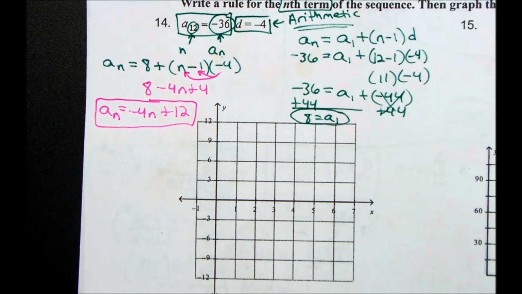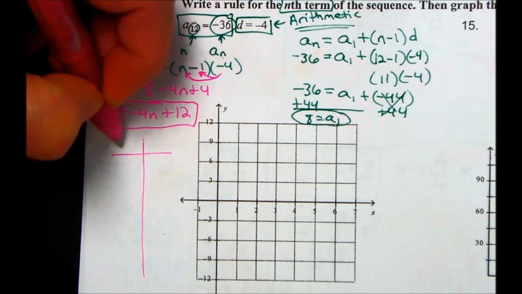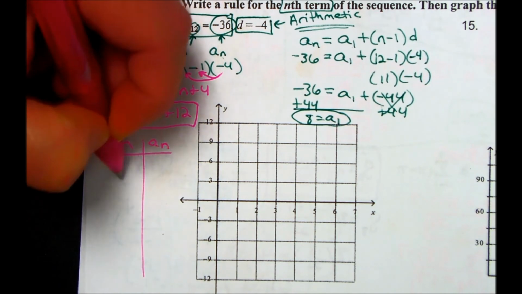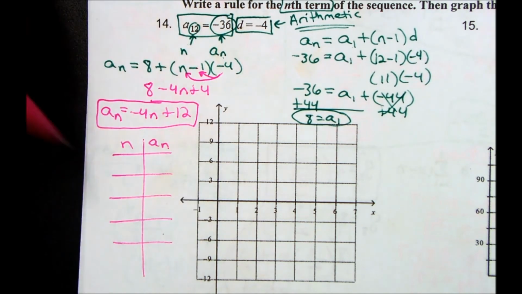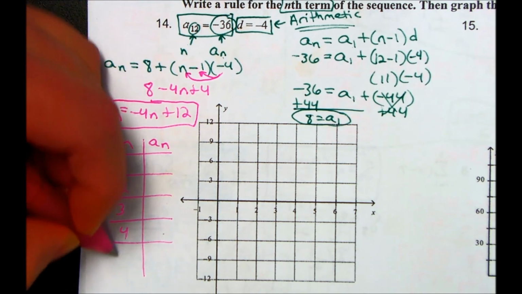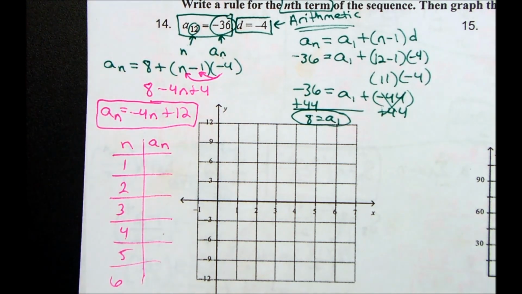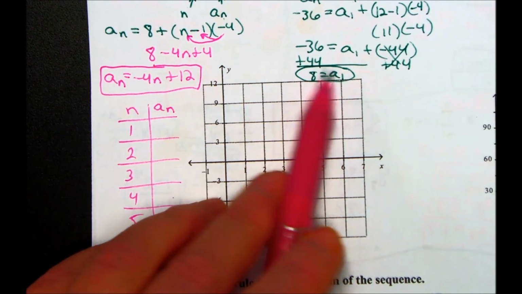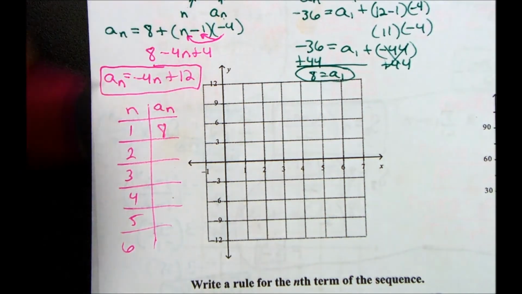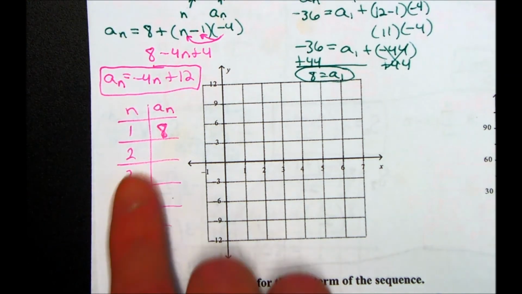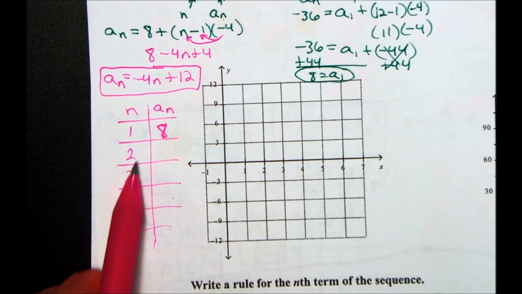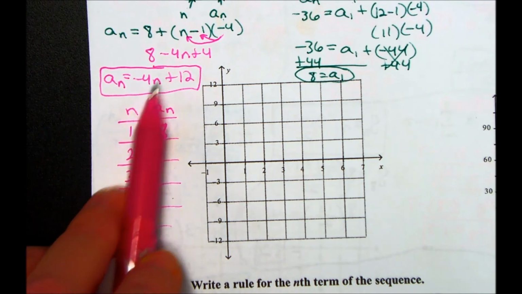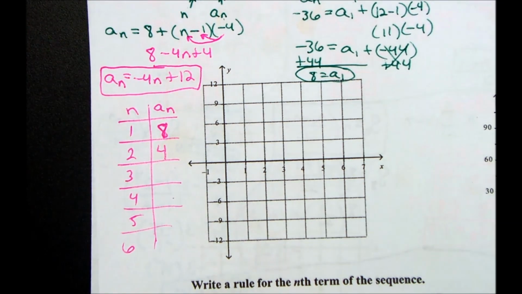Now we need to graph the first 6 terms. So I'm going to use this space over here to do the table. So 1, 2, 3, 4, 5, and 6. Well, we already know the first term is 8. We already figured that out over here. So now let's substitute these in the calculator. 2 times negative 4 is negative 8, plus 12 is 4, or just figure them out mentally.